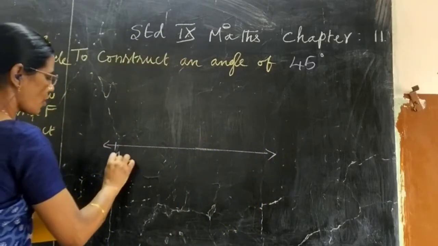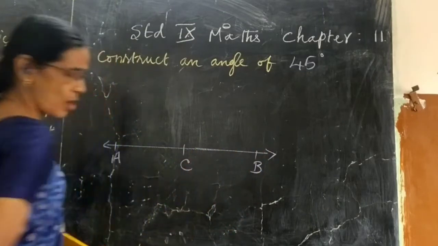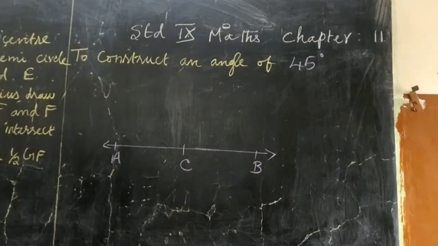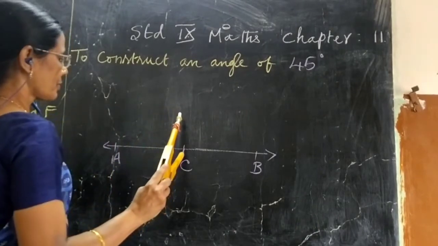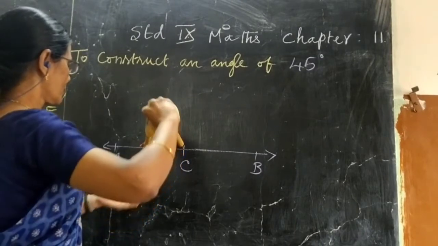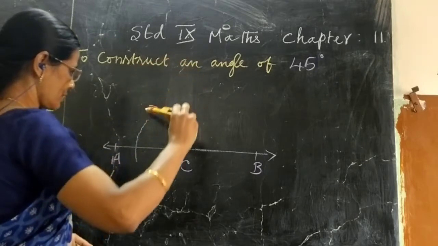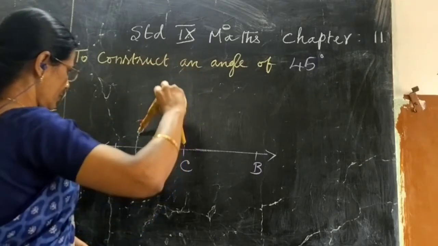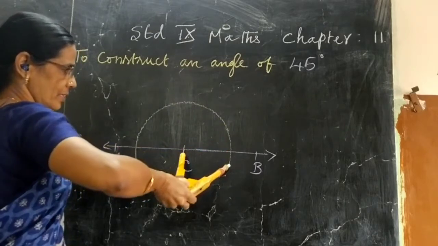So I have drawn line AB and I have taken a point C on line AB. C center and with any convenient radius, draw an arc. You can see a semicircle we are going to draw, a semicircle with C center and any convenient radius.